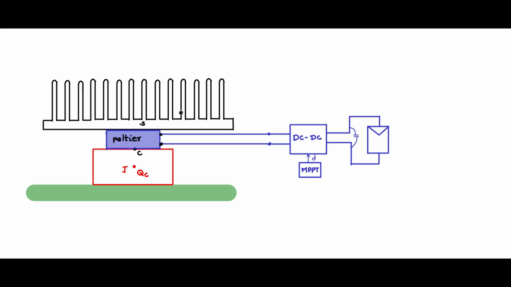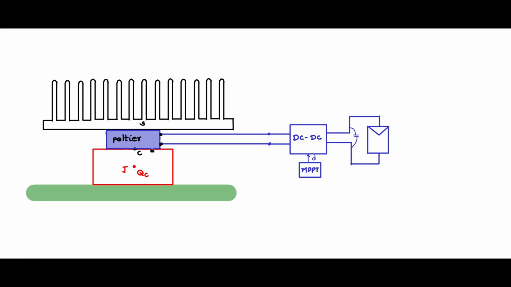Now when you power up the Peltier junction by passing a current through that, this component which is generating QC amount of heat, the Peltier junction has to remove QC amount of heat and pass it on to the heat sink. So this component block will become the cold junction.